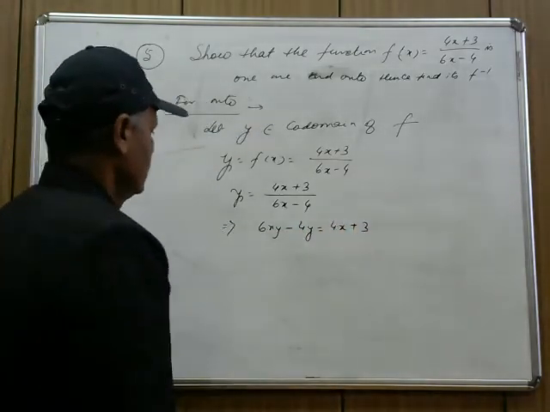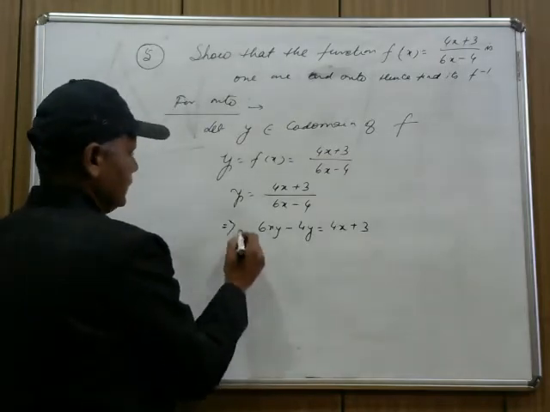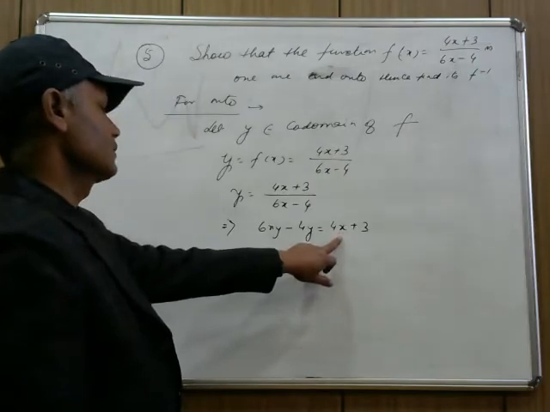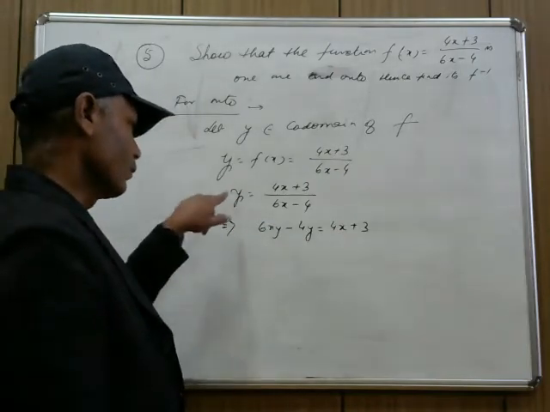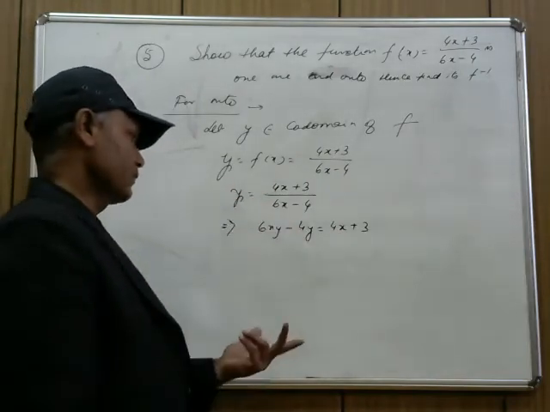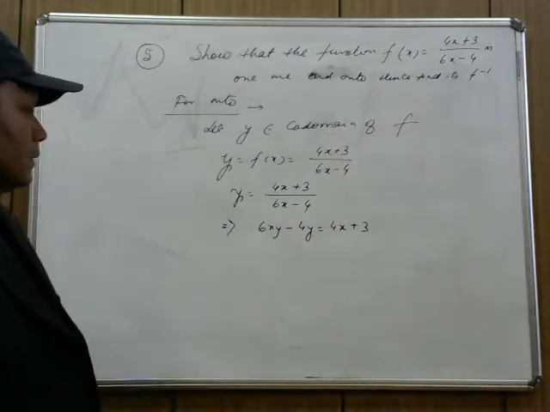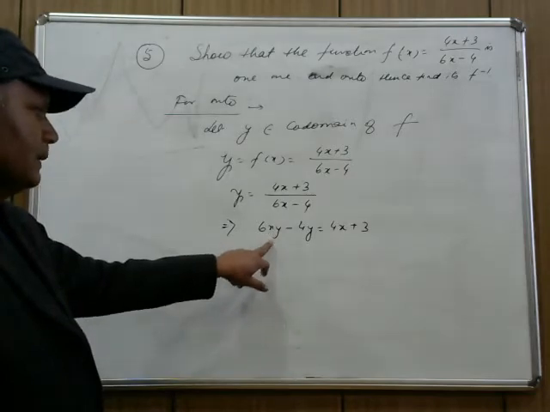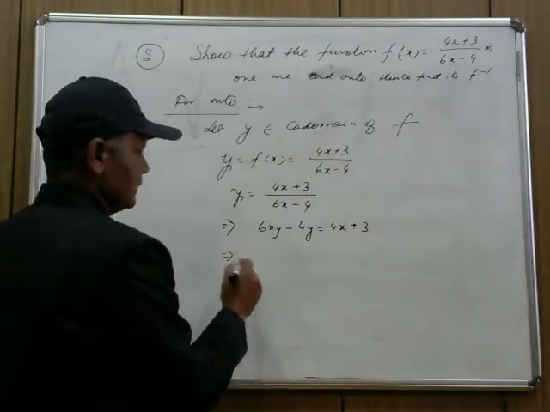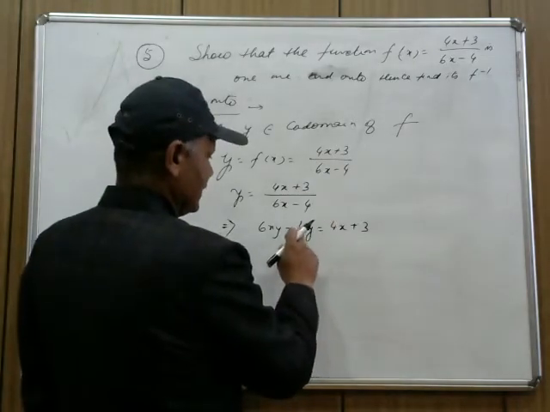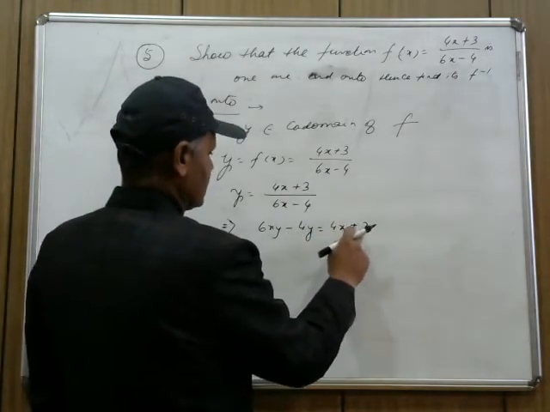Right? Now 6xy - 4y = 4x + 3. Here we have y in terms of x. Now you have to write x in terms of y.